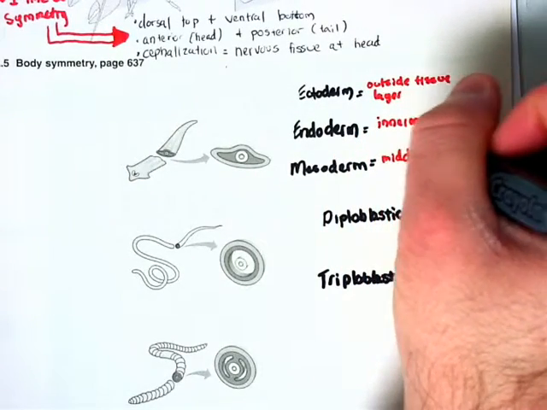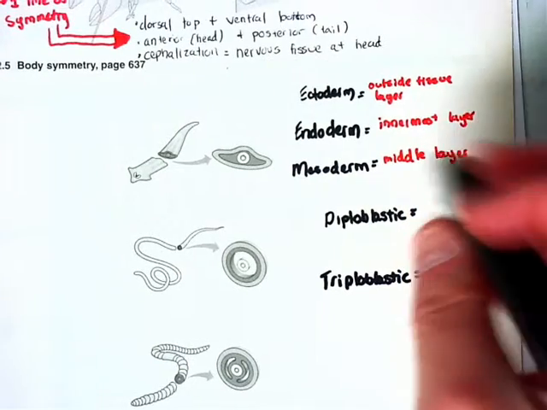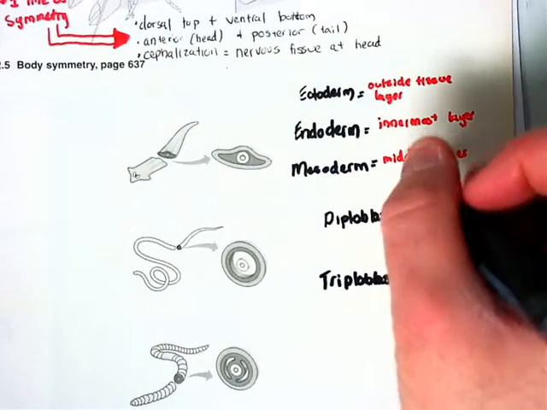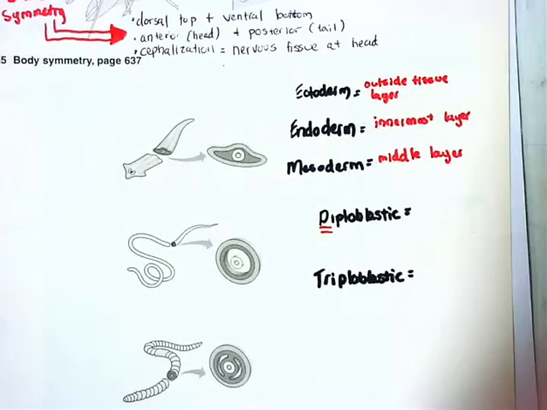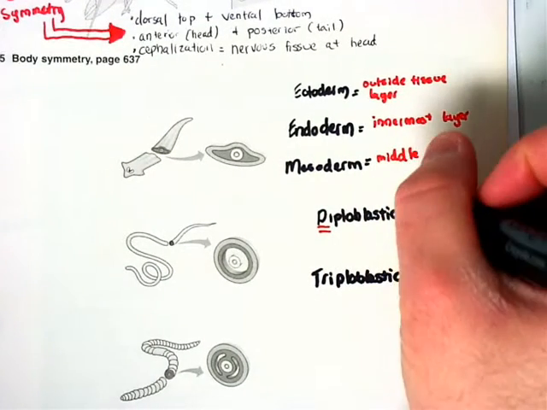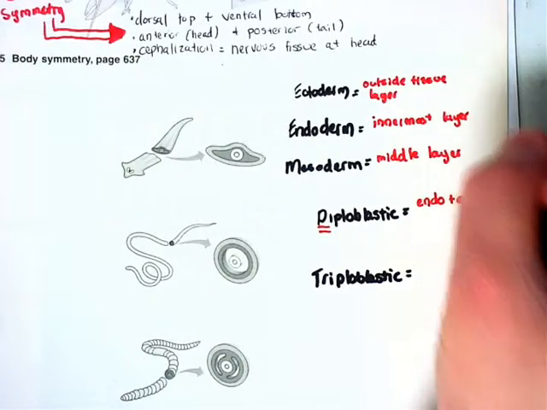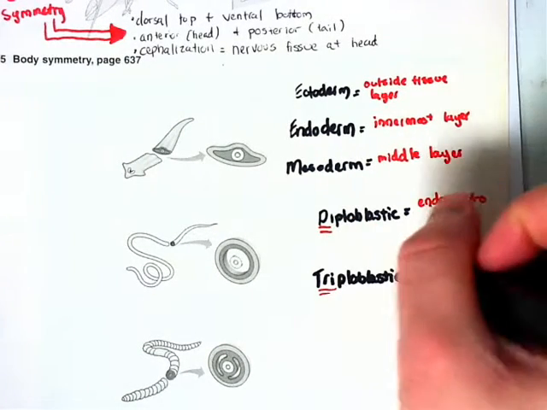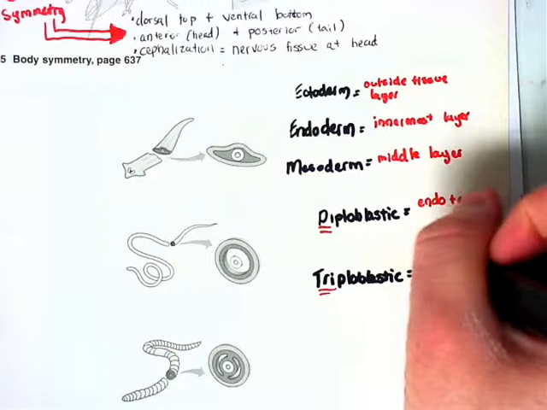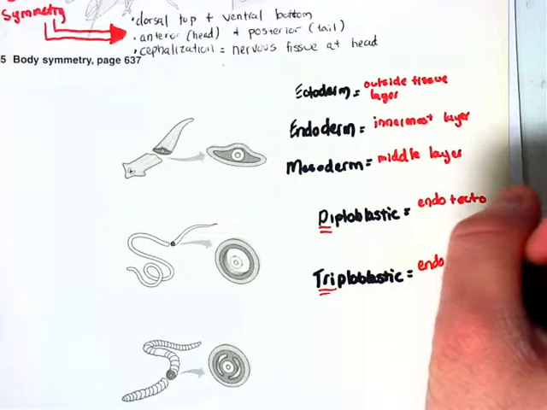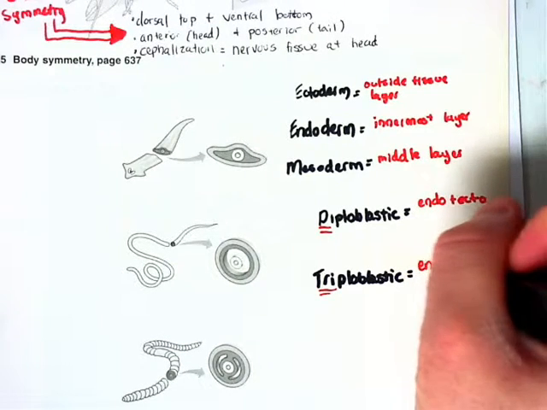It may or may not be present. If creatures are diploblastic, that means they have two tissue layers. That's what the di means, two tissue layers. They would have both endoderm plus ectoderm. And if you're triploblastic, then you would have endo plus ecto, as well as the middle mesoderm.